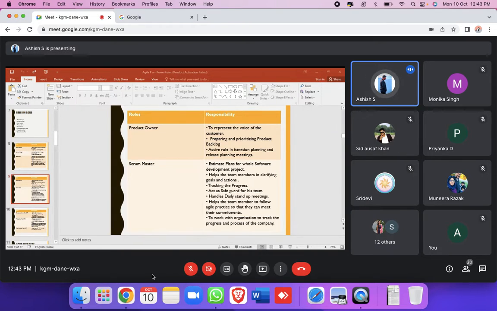Sridevi, tell me how many types of product owner are there? Sir, a product owner is a customer, who speaks on behalf of the customer. They will talk as a product owner. Only one type? Any others who say there are 2 or 3 types of product owner?